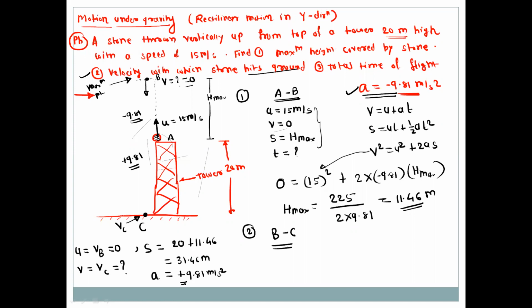We take this as positive because for downward motion, velocity is increasing. So write the equation v square is equal to u square plus 2as. v is nothing but Vc. So this is Vc square is equal to 0 plus 2 into 9.81 into displacement 31.46. Okay, so get the value of Vc.